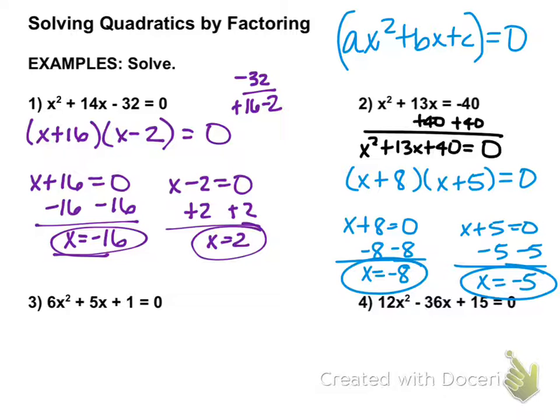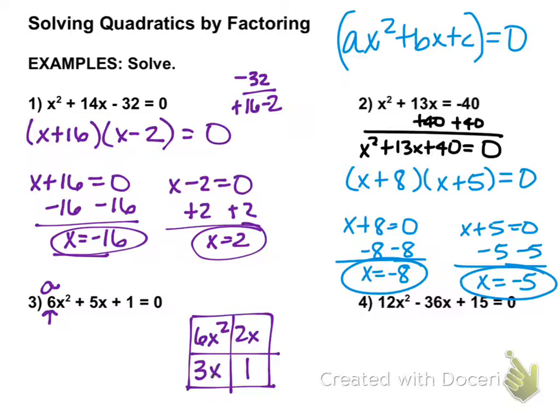You'll notice here that my coefficient in front of x squared, or my a, is not 1. So I'm going to have to do the box method to be able to factor that. All right, so I am going to come over here to the box method. I'm finding factors of 6 that get me to 5, which would be 2 and 3. Greatest common factor for each one. And so I end up with 3x plus 1 times 2x plus 1 is equal to 0.